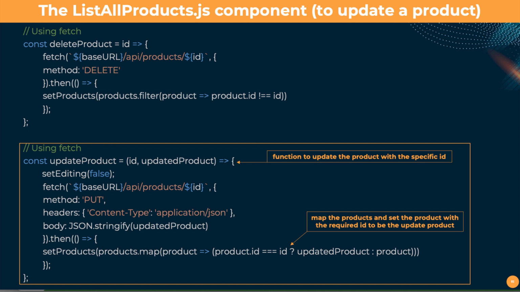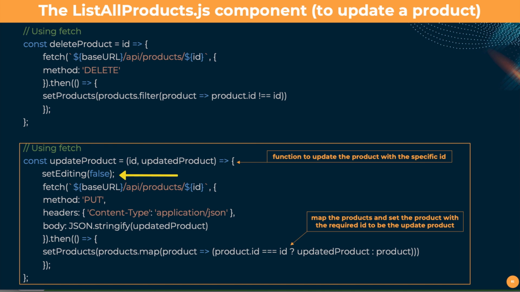We now need to have a function, and the function is going to be used for updating our information. It's going to take in an ID, and it's going to take in the updated product.